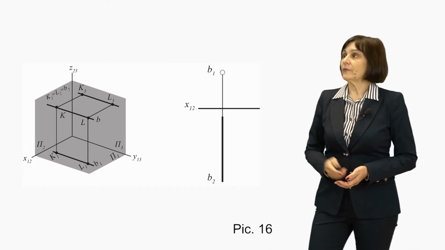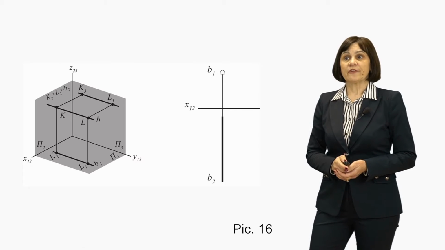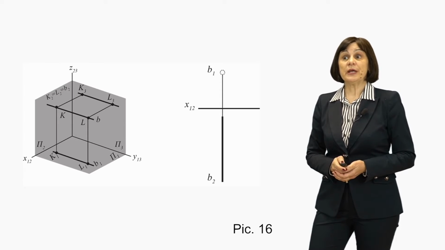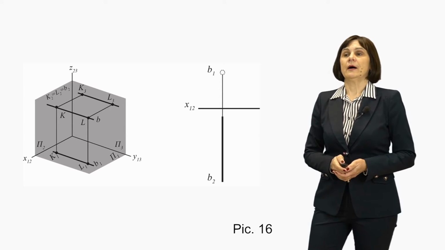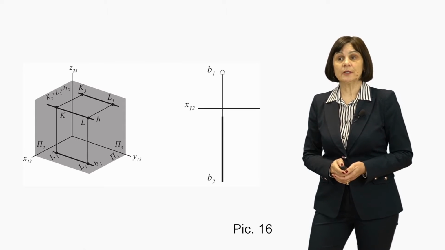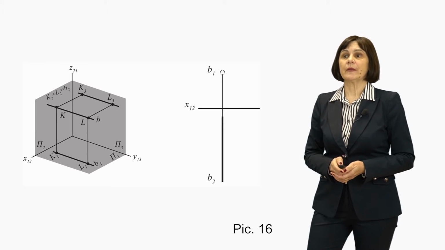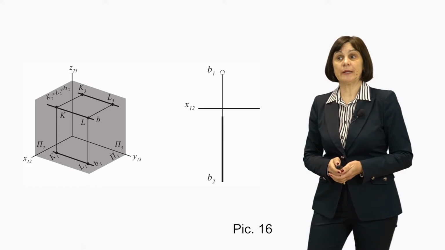And now, on this new drawing is shown the frontal projecting straight line. This line is parallel to the horizontal and profile planes of projections. It means it is perpendicular to the frontal plane of projections.